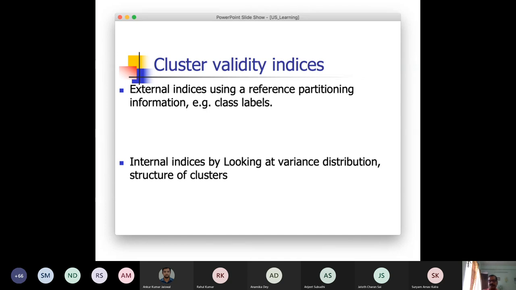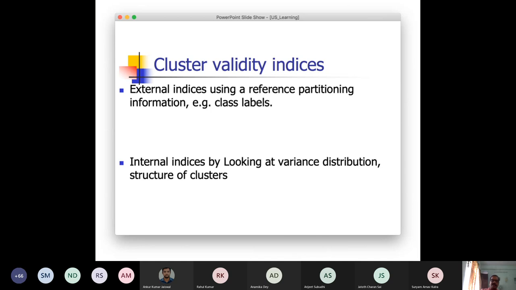It is actually used for comparing different clustering algorithms, mostly when the value of k is known, because your class labels are known. When you are comparing different clustering algorithms, including k-means, this kind of index is more useful.